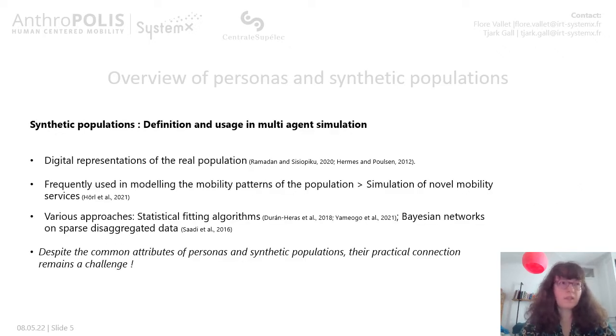Now, what is a synthetic population? It is a statistical representation of, for instance, 10% of a real population, and here each agent or person is modeled, and it is a basis for building multi-agent simulation in the transport field. So we notice, of course, some commonalities between personas and synthetic populations, and we seek to connect the two.